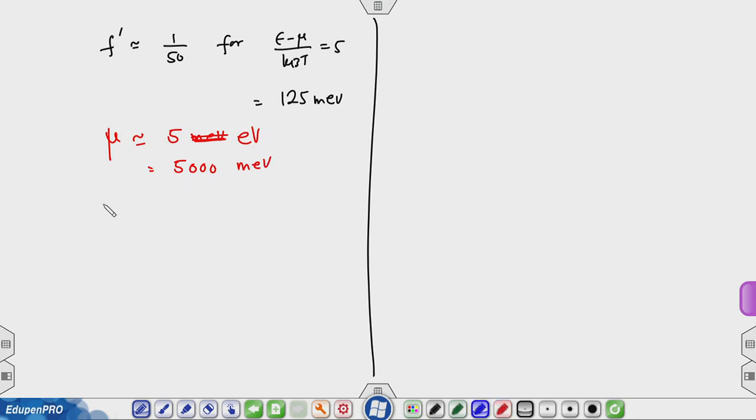So delta over mu is 125 over 5000, which is 1 over 40.